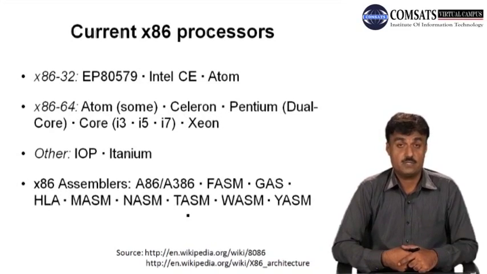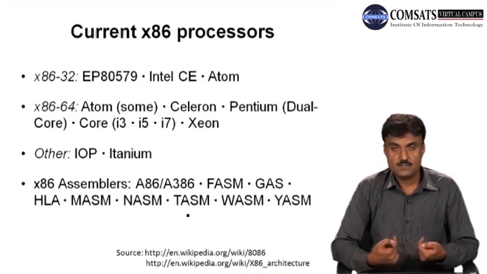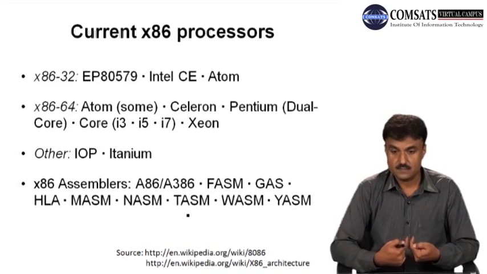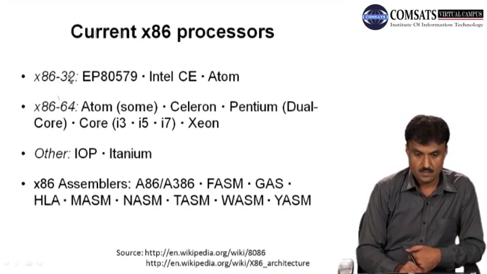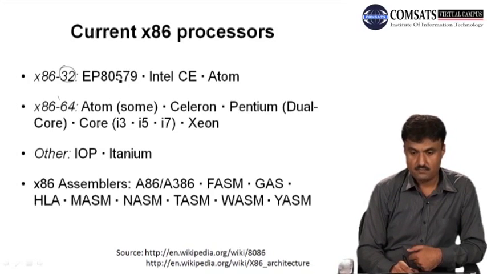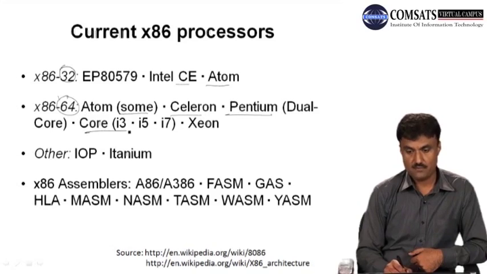Now, the processors that belong to this x86 family, the first processor was the 8086. The 32-bit family includes EP80579, Intel CE, and Atom. In 64-bit, there are some Atom processors, Celeron, Pentium dual core, Core i3, i5, and i7, and Xeon processors.